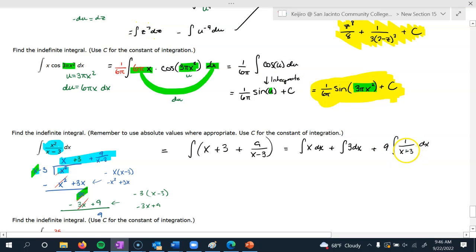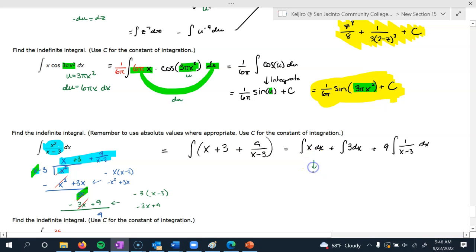You barely even have to think of it as du over u. If u is x minus 3, then du is the same dx that would be there if it was just a plain x on the bottom. So having that extra minus 3 doesn't really change anything. You just treat it the same way you would 1 over x.